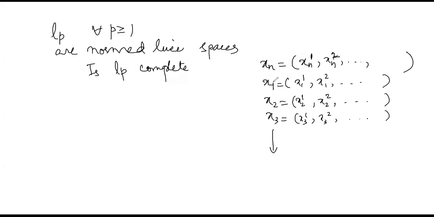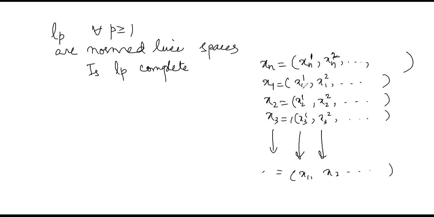Again, what we will show is that if this is a Cauchy sequence in l^p, then this column sequence is Cauchy too. Each of these columns is itself a sequence inside K, the underlying field, and therefore it must converge. So we would show that it converges to some x1, x2, individually these columns converge.